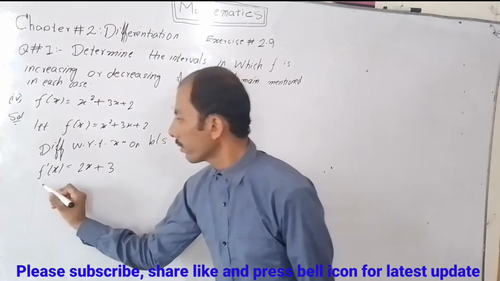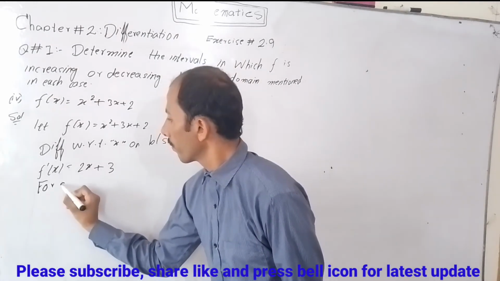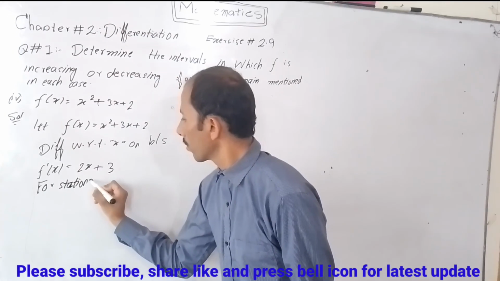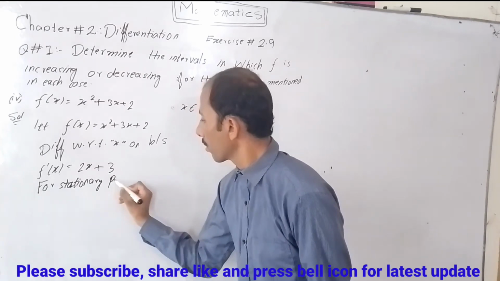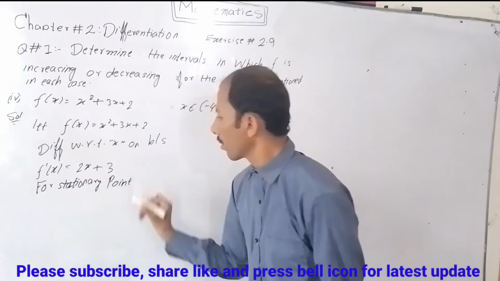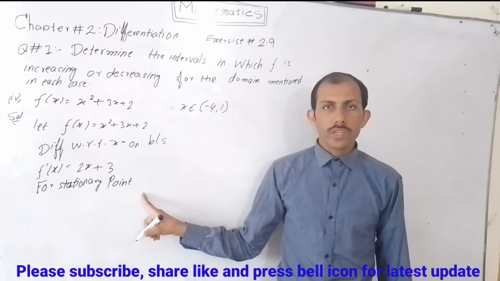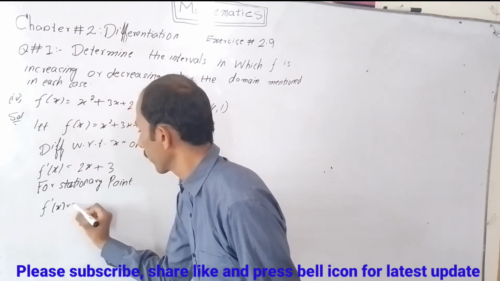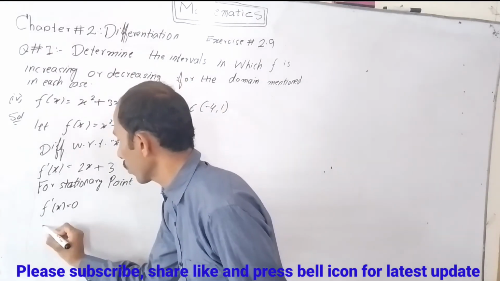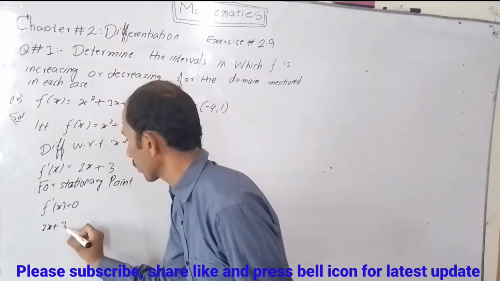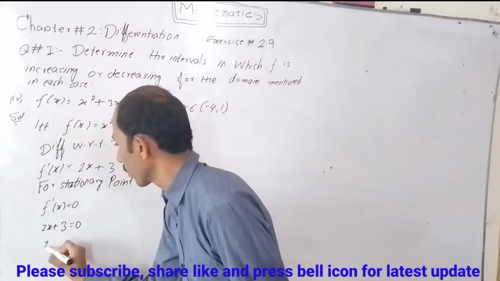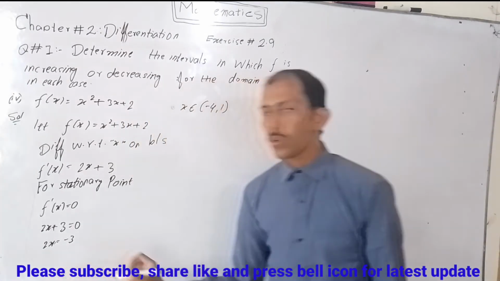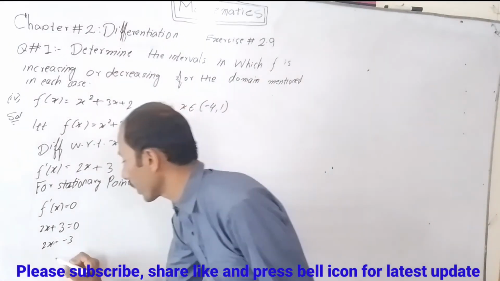For the stationary point, f prime of x is equal to 0. So 2x plus 3 is equal to 0. 2x is equal to minus 3, dividing by 2 on both sides, so x is equal to minus 3 over 2.